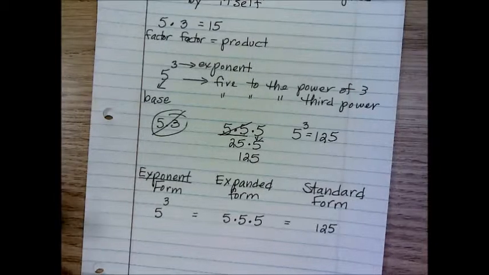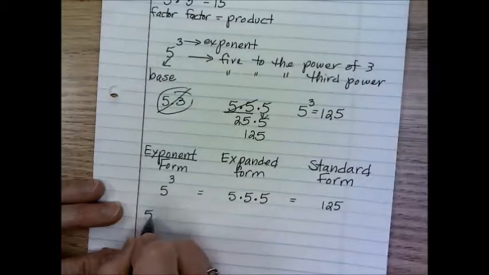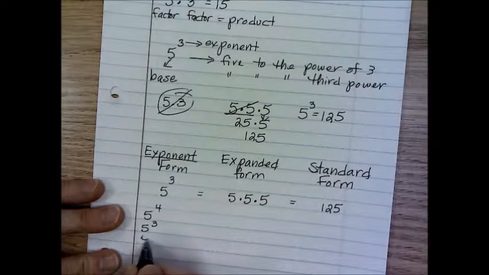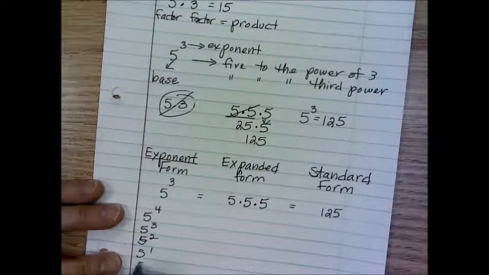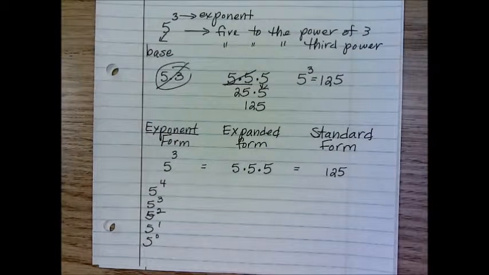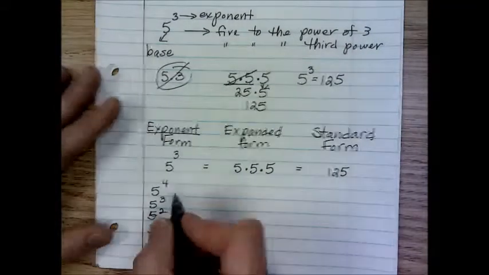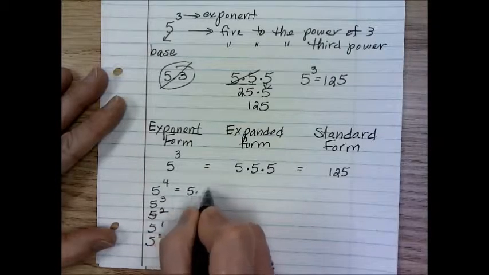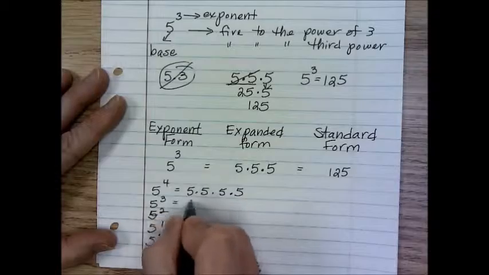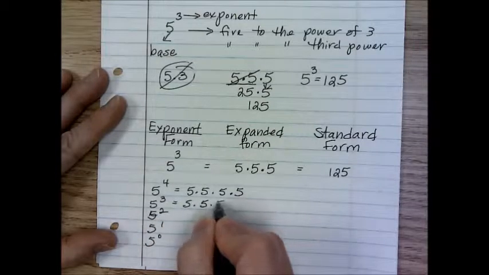Now, let's say we had 5 to the fourth power, 5 to the third, 5 to the second, 5 to the first, and we're going to look at 5 to the power of 0. So 5 to the fourth means 5 times 5 times 5 times 5. 5 to the third means 5 times 5 times 5.